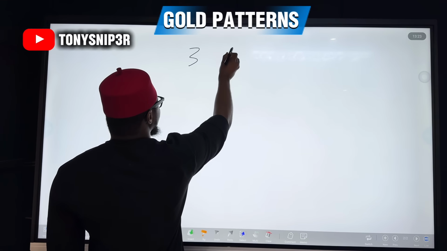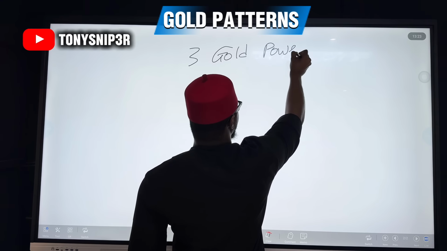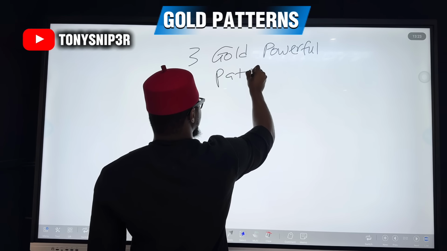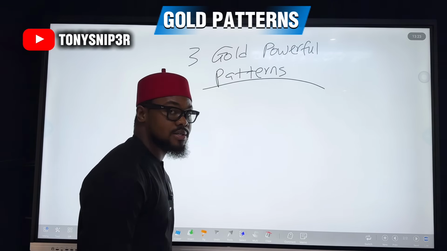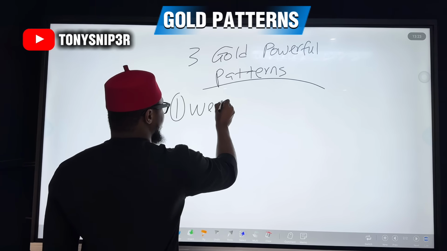Now, 3 powerful gold patterns. All right, the first one is the wedge.